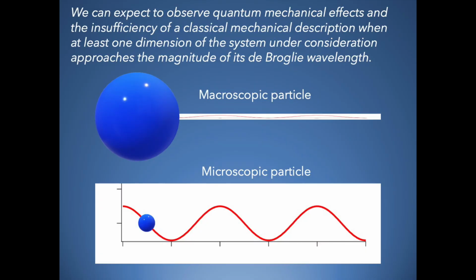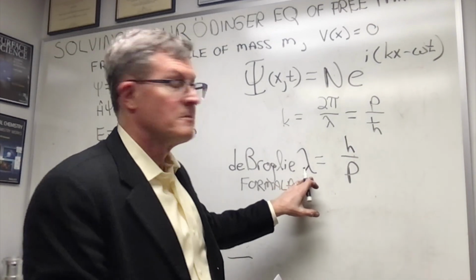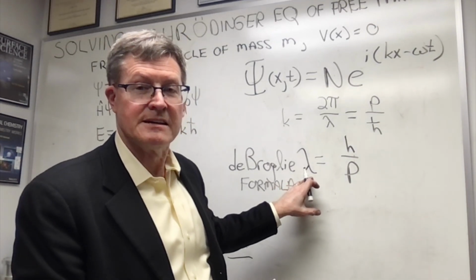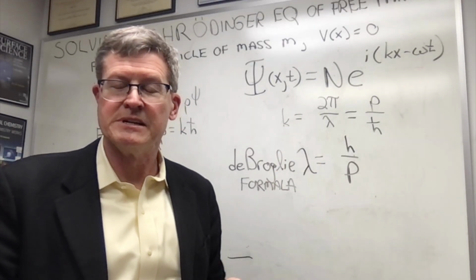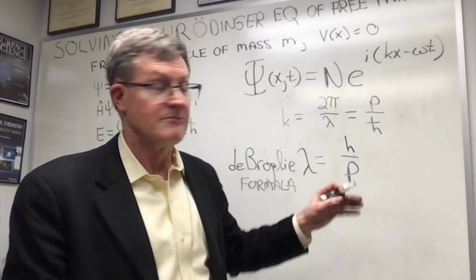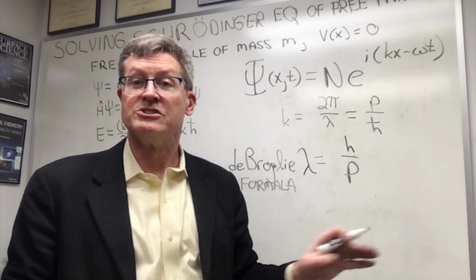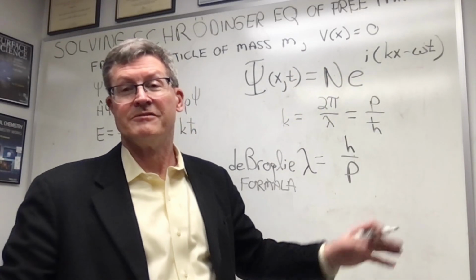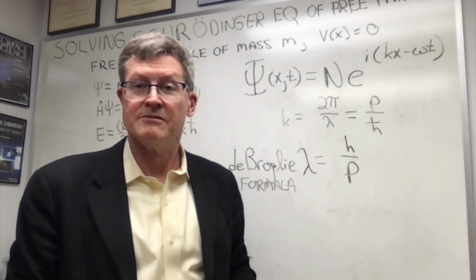Small when we confine a particle with a potential, and at least one dimension of our confinement becomes comparable in size to the de Broglie wavelength. Then a quantum mechanical treatment is necessary, and we'll find quantized energy levels instead of continuous energy levels. We get continuous energy levels when a system is not confined, or if the confinement is so large that it's not comparable to the size of the de Broglie wavelength.